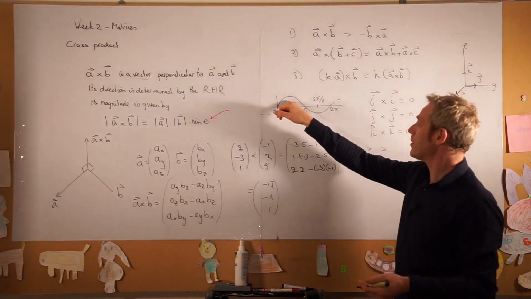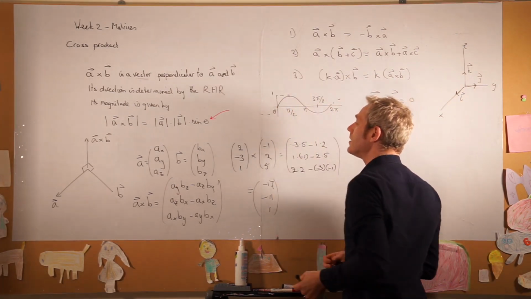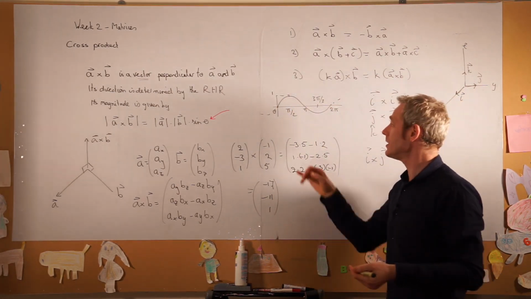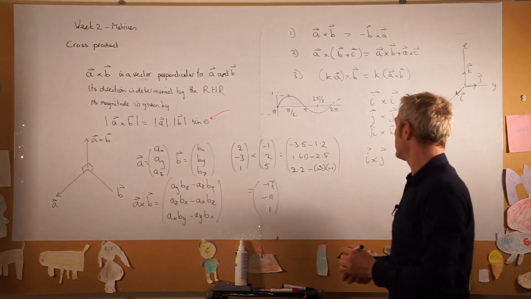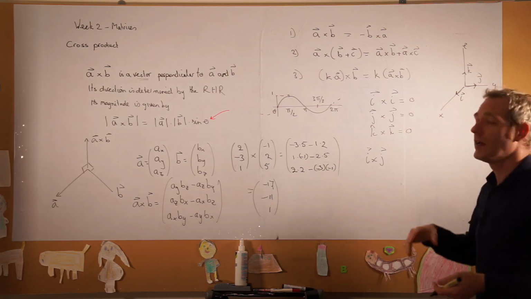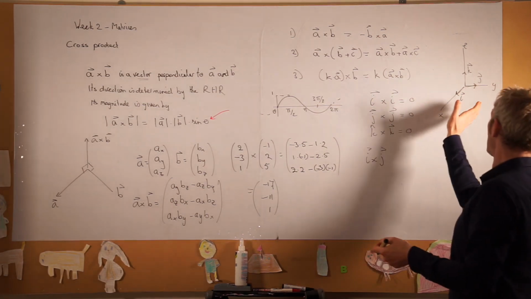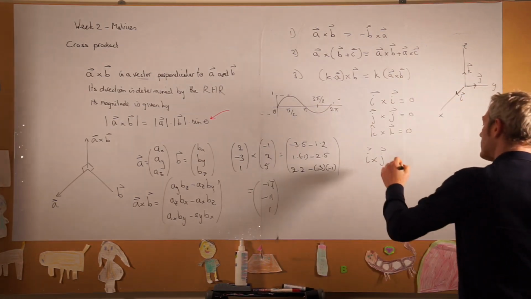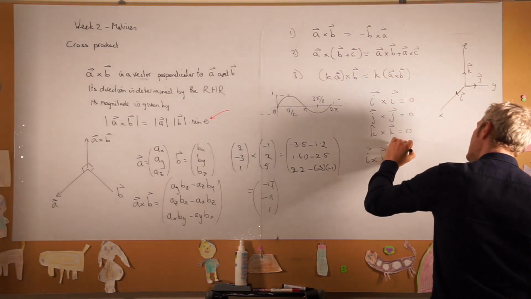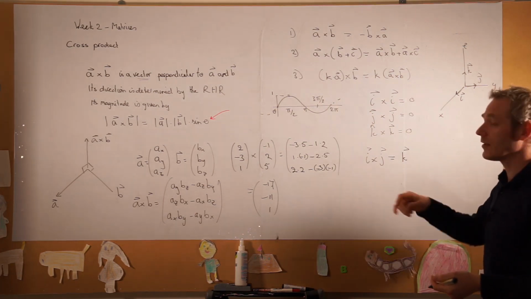If they are perpendicular, if the angle is 90 degrees, the sine of 90 degrees, or pi over 2, is equal to 1. So we know that i and j are perpendicular to each other, and if we use the right-hand rule, going from i to j is in the direction of k, but it is also equal to k, because the length of this vector equals 1.